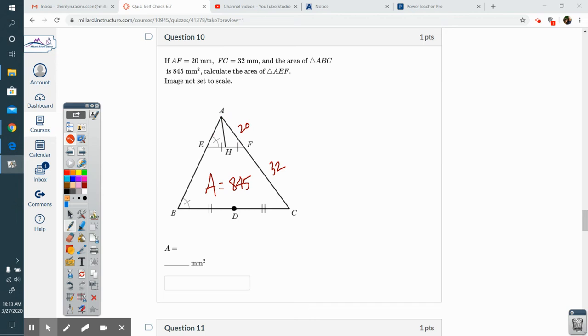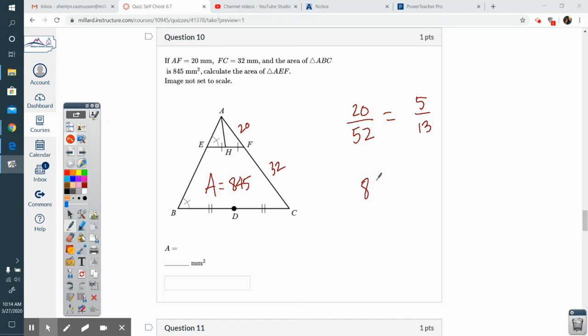So the proportion from the small to the big is 20 divided by the total, which is 52. Now that's just the portion of a side. If you simplify 20 over 52, you get 5/13.